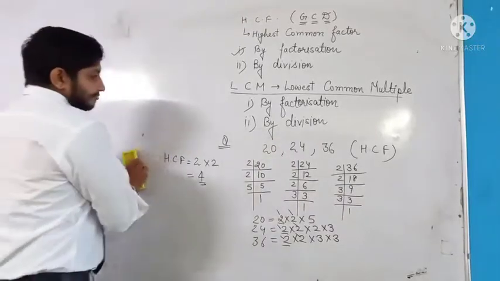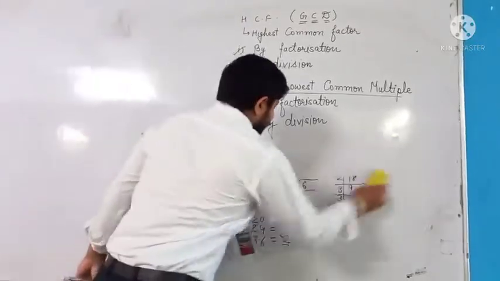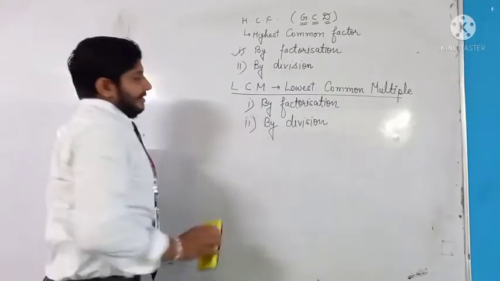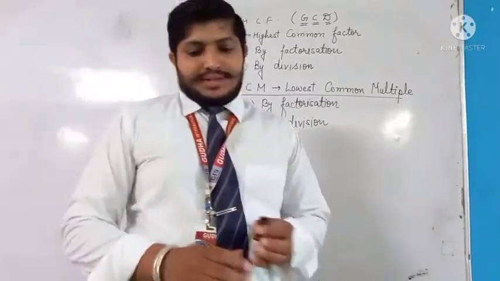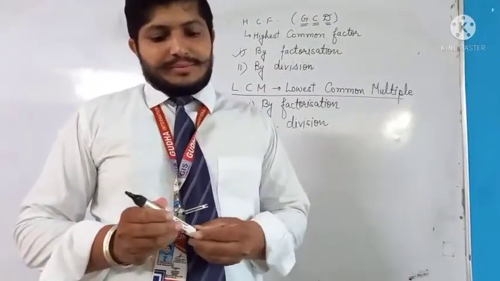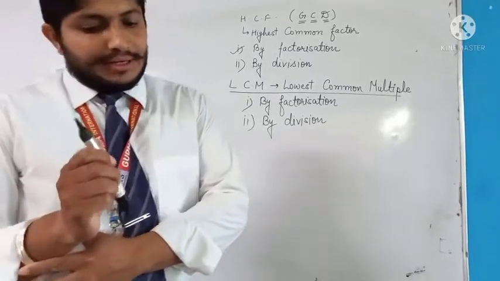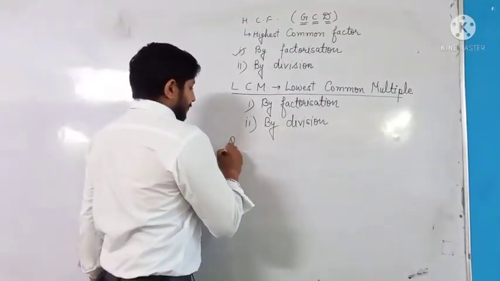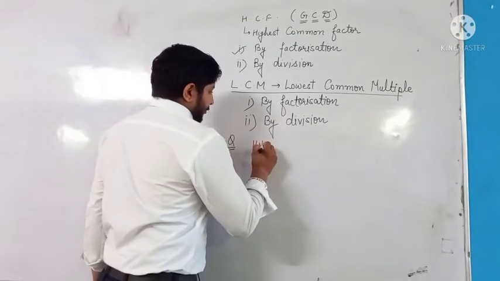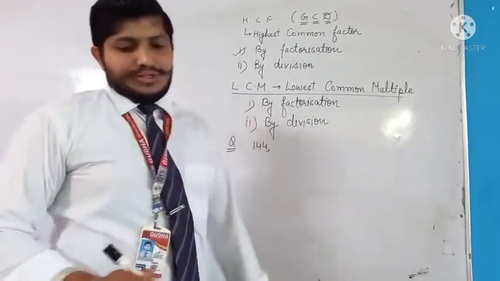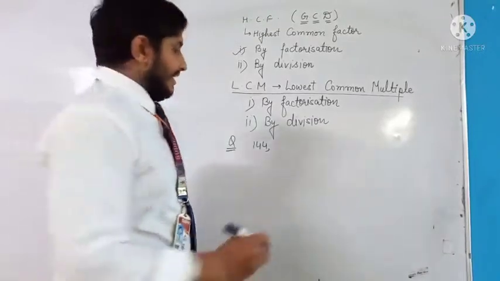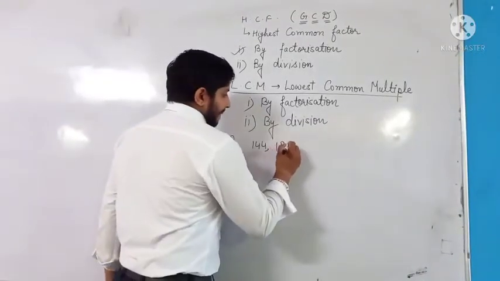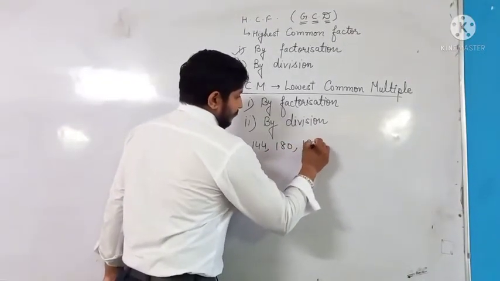Next is how we find the HCF by division method. Division method, I also take three numbers here. Question: 144, what is your first number? 144. Next 180 and next 192.